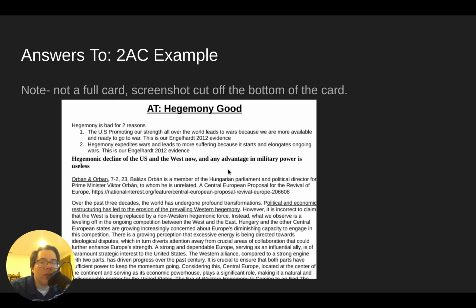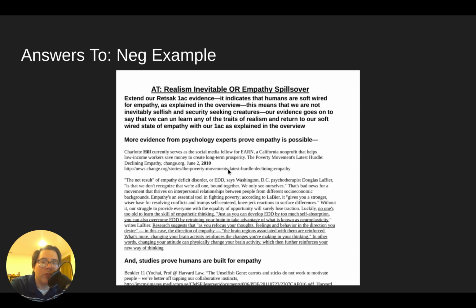And so we had a front line that said hegemony is bad for 2 reasons. We referred back to evidence that we had already read in the 1AC, extending across those arguments, and then we read more evidence. And when you were in the particular debate, you would actually read their evidence, see what the warrant is, and then answer it specifically inside of theirs, like the 3 on that block before you actually read it during the 2AC. That allows you some flexibility to have some truly good fidelity.